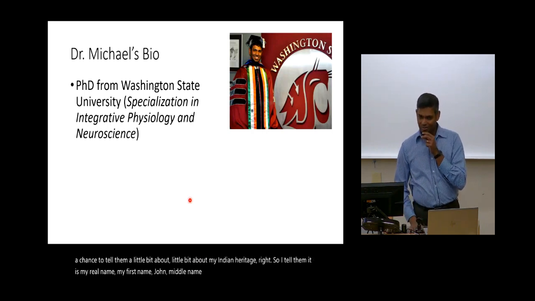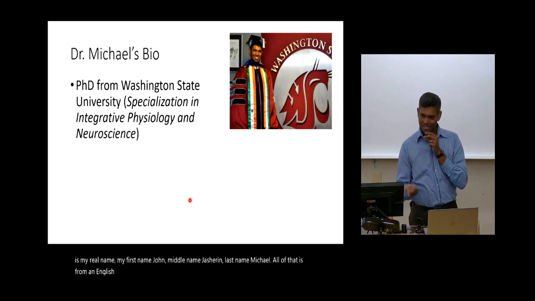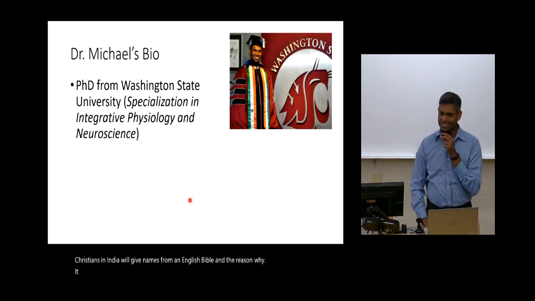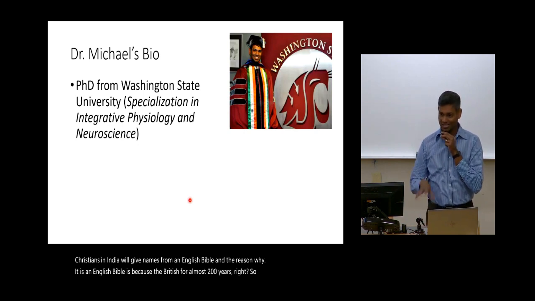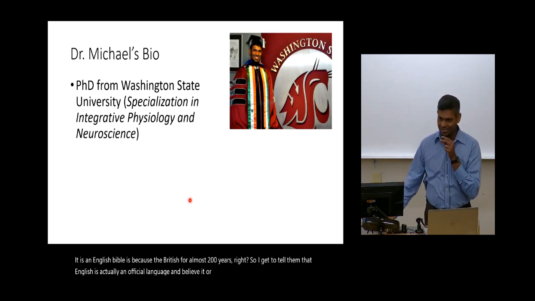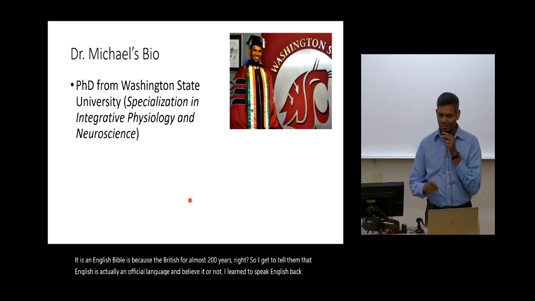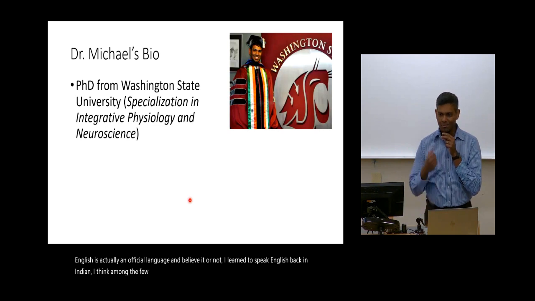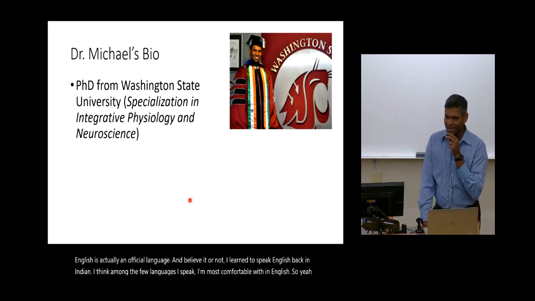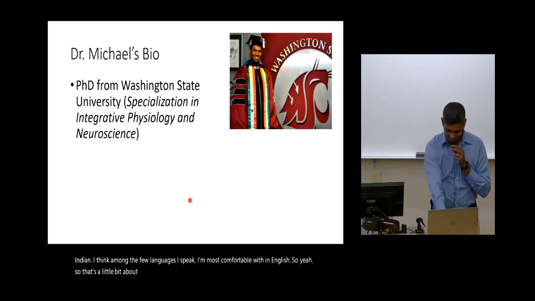All of that is from an English Bible, because Christians in India would give names from an English Bible. And the reason why it is an English Bible is because the British ruled us for almost 200 years. So I get to tell them that English is actually our official language, and believe it or not, I learned to speak English back in India, and among the few languages I speak, I'm most comfortable with English. So that's a little bit about my Indian heritage.